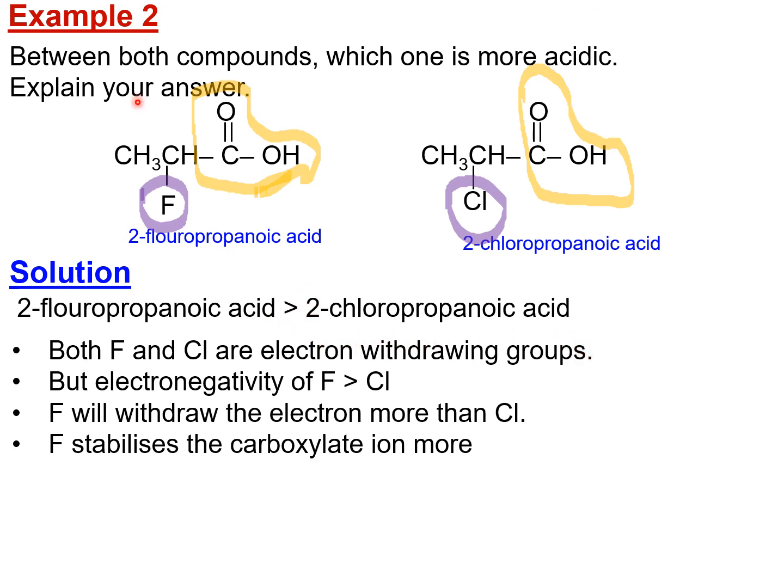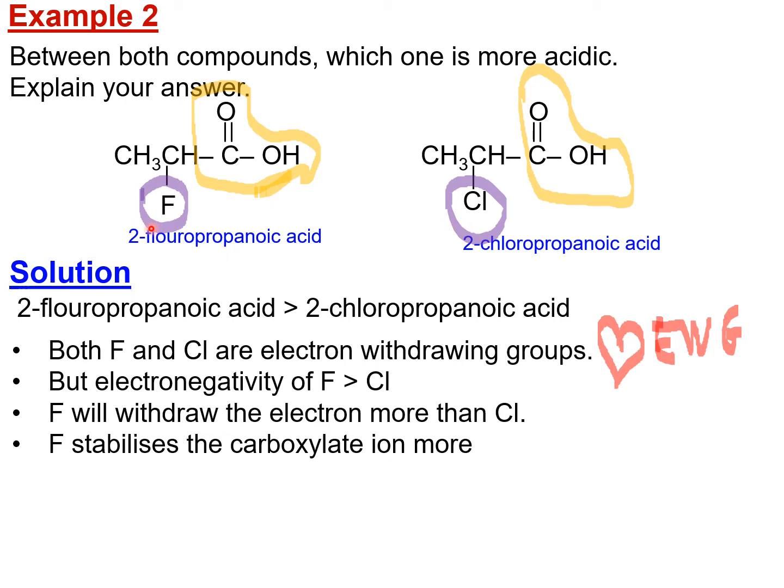So bila disuruh kamu explain, you can say that both F dengan Cl ni adalah electron withdrawing groups. Okay, kita kena tahu carboxylic acid love electron withdrawing groups. Okay, they love electron withdrawing group. Tapi, kena tengok juga electron withdrawing group tu macam mana. Macam fluorine, dia punya electronegativity dia lagi tinggi compared to Cl.